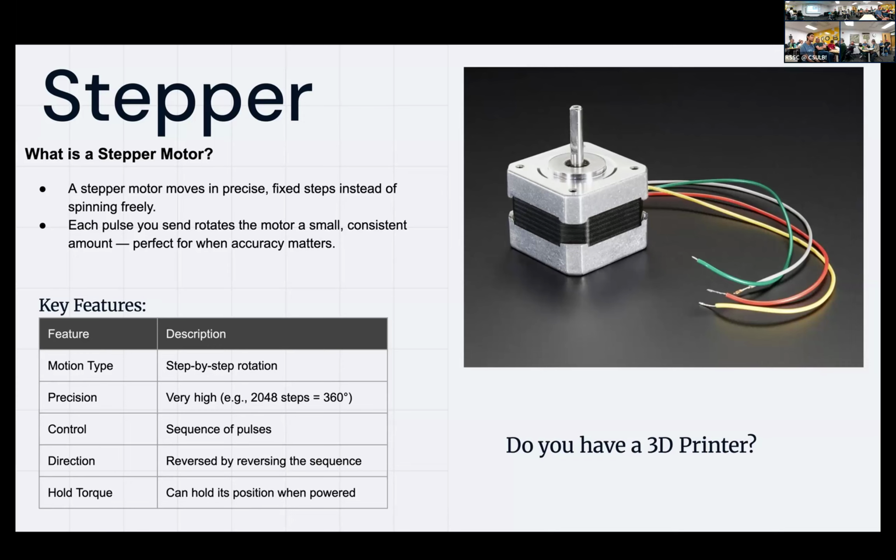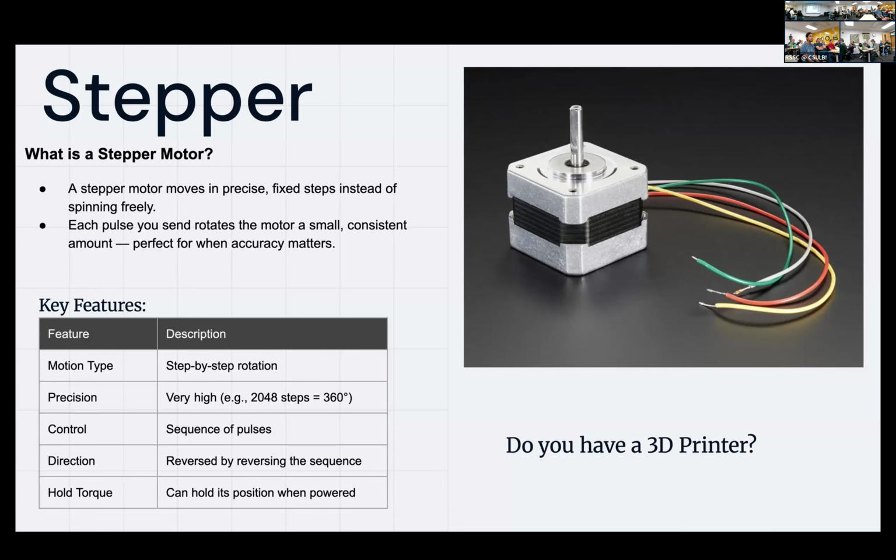So you can get very, very accurate movement with these. It's based on turning magnets on and off, which we'll see in a little bit. And it's a sequence of pulses. So I'm sure everybody has at least seen one of these. If you have a 3D printer, you've used one of these, whether you know it or not.